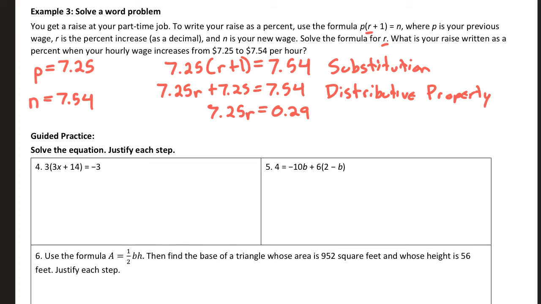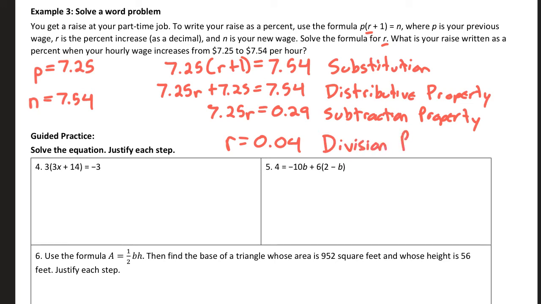The reason I did that, I subtracted, so that's the subtraction property. And then finally, I would divide both sides by 725. So I'd get R equals 0.04. The reason I can do that, I divided. So division property. So it's all about writing the steps to your problem and then justifying your steps with properties, okay?